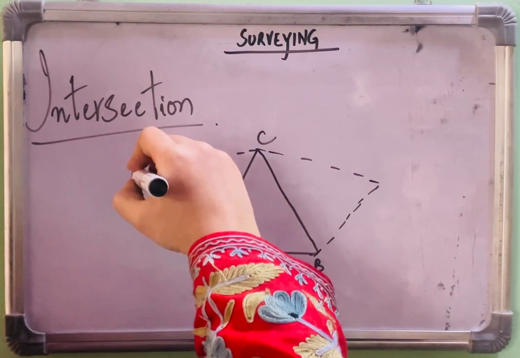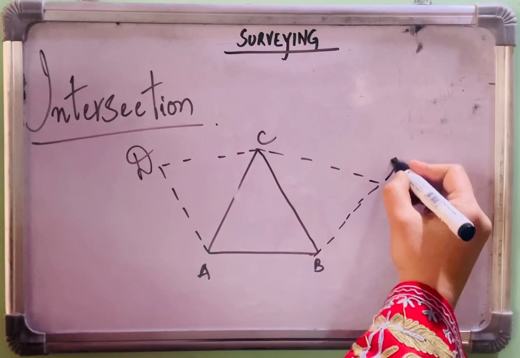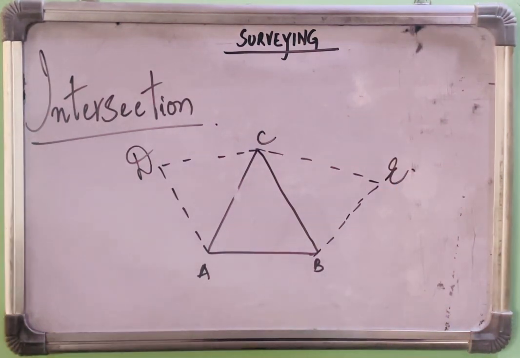Let me suppose this is point D and this is point E. On any area of land to be surveyed, it's always possible to select 2 points A and B and to measure the distance between them.